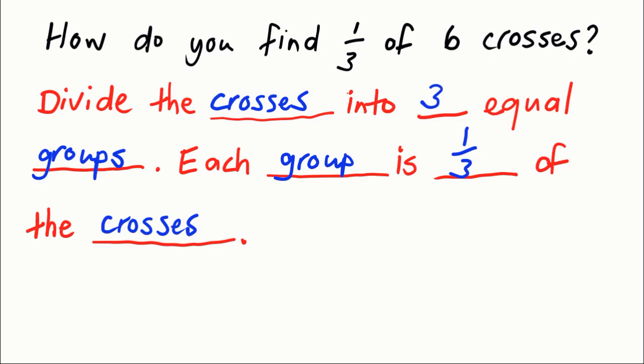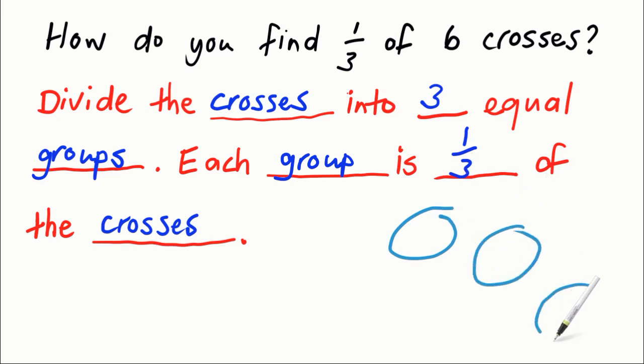So here's my 3 groups, 1, 2, 3, and then I've got to make sure there's the same number of crosses in each group. So you could do it like this. Just deal out the crosses like this, 1, 2, 3, 4, 5, 6, and there's my crosses. Equal number of crosses in each group, 2 crosses in each group, and each group is 1/3 of the crosses.